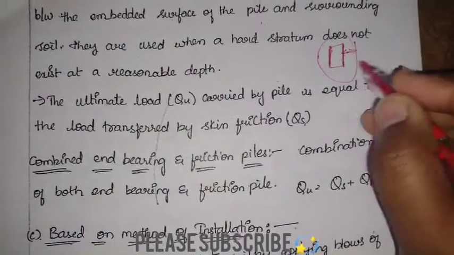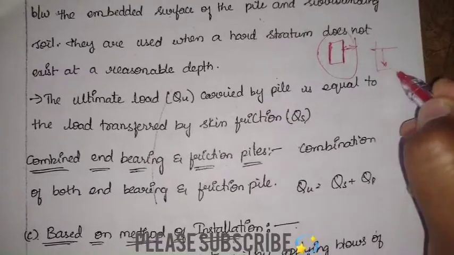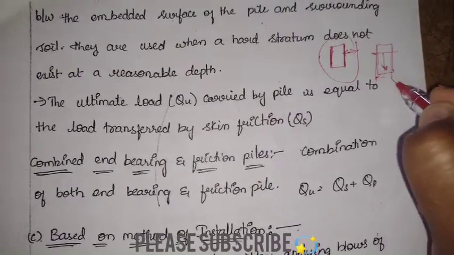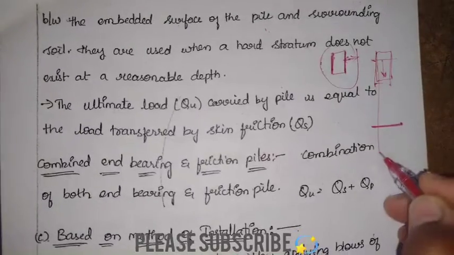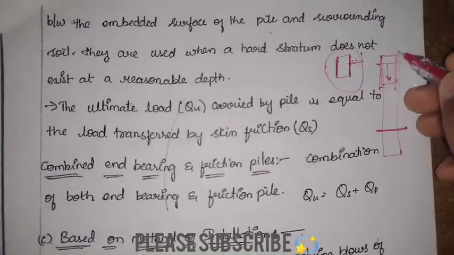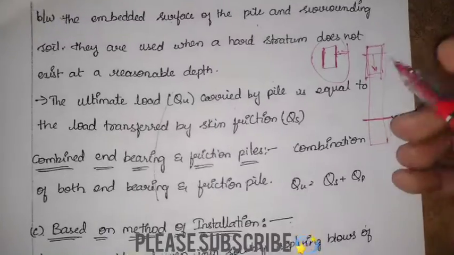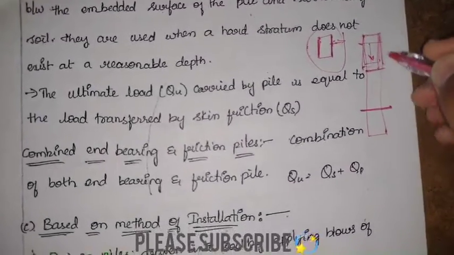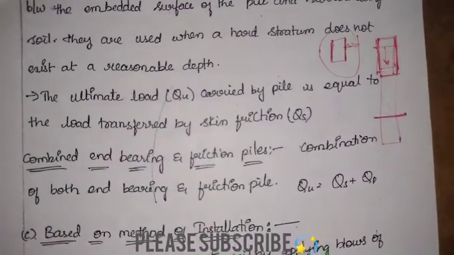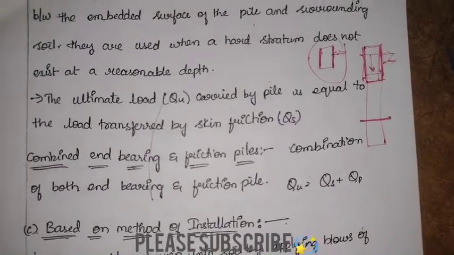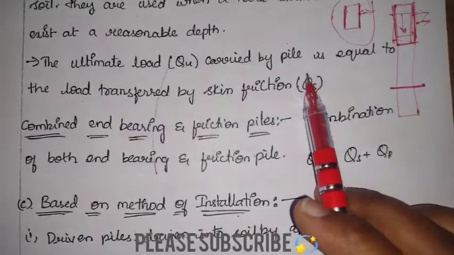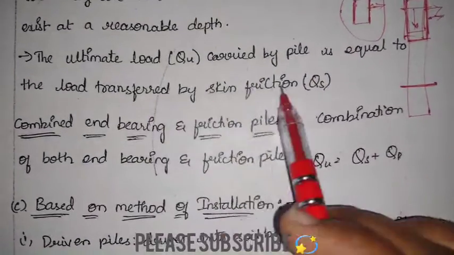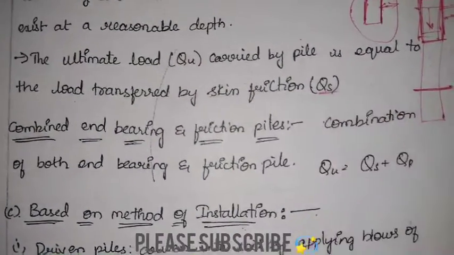If we have a hard stratum at a reasonable depth, the foundation will extend till there. But whenever the hard stratum is at this level, it is very uneconomical to provide a foundation up to this depth. So here we are just cutting the surface, but we are allowing the transfer of load from the skin. The ultimate load QU is carried by the pile, whereas the load transferred by skin friction we write as QS.